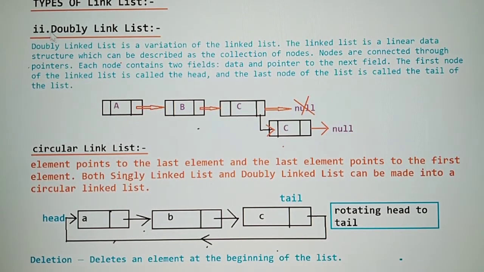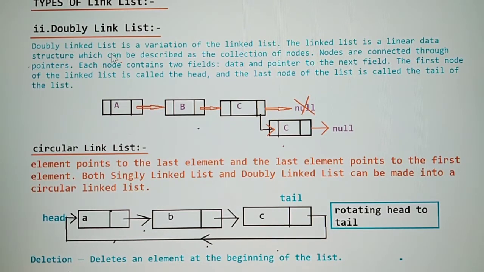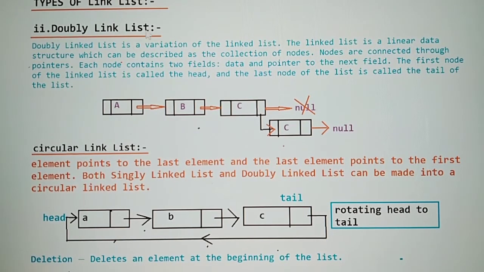At first I want to say that linked list is basically of types: singly, doubly, and circular linked list. In my previous video I discussed the singly linked list. In this video I also discuss the doubly linked list, the circular linked list, and some operations.